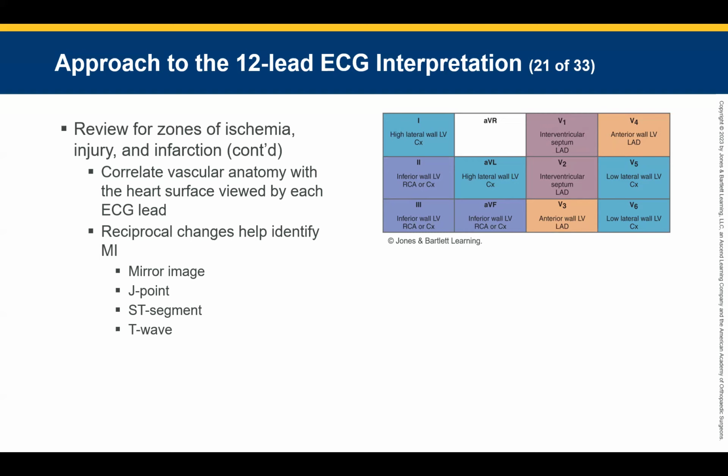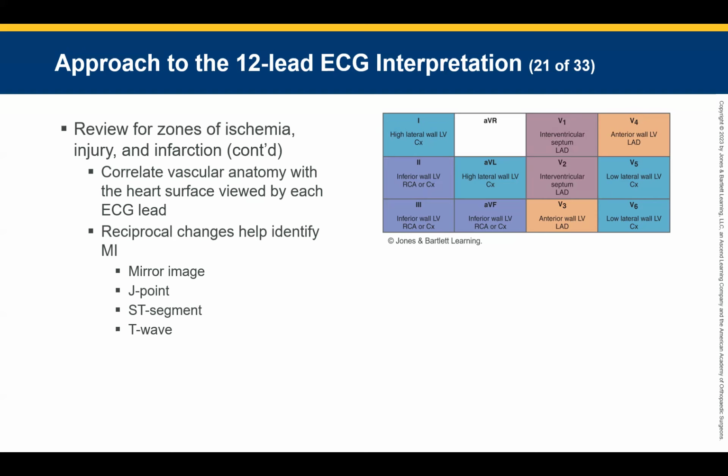V1 and V2 are the LAD, left anterior descending. We talked about that a lot in A and P, LAD. V3 and V4 are also the LAD. Do you see why this can bleed over? You can actually get elevation V1 through V6 because that circumflex comes off the LAD.